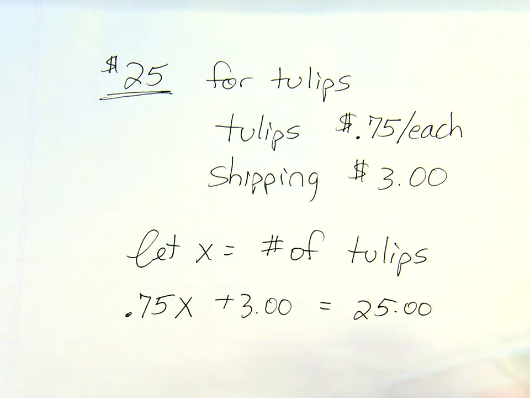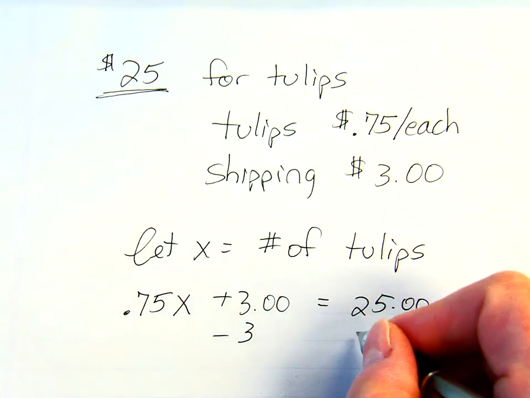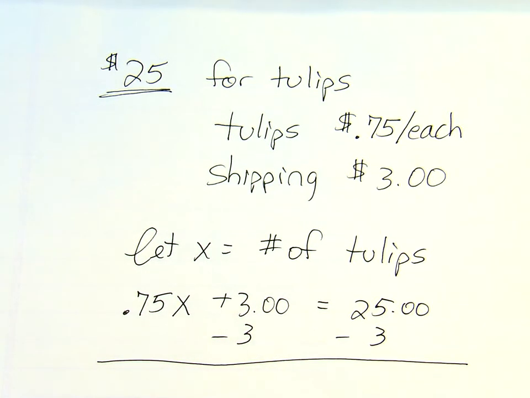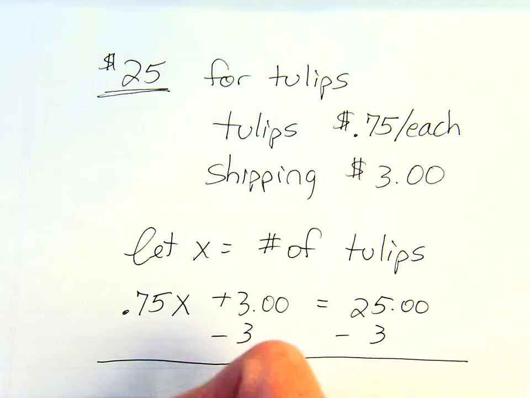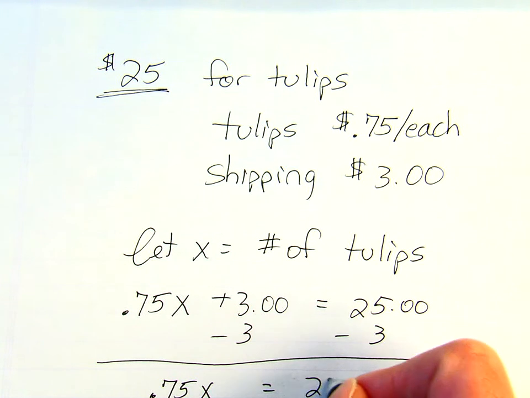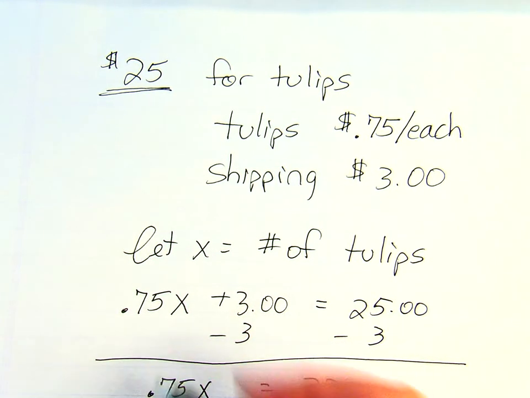So I can look at this and say, okay, well, the first thing I'm going to do is subtract that 3 from both sides. This is once again the subtraction property of equality. That leaves me with 0.75x equal to 22. And now what I'm going to do is divide both sides by this 0.75.